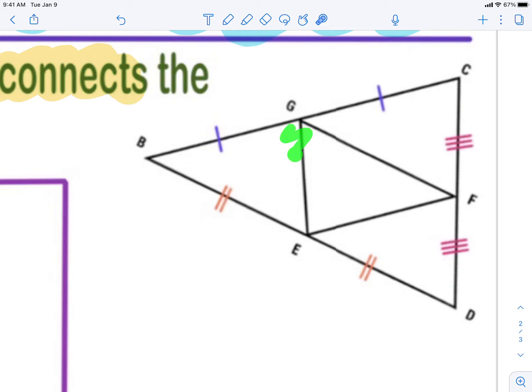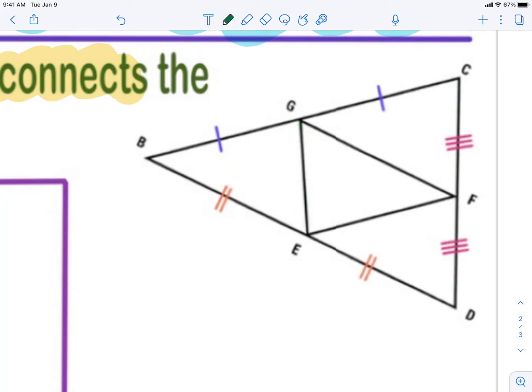See? This short one here connects to that one. They're the same length. But this short one here also connects to there. So, look at that. This long one is made out of two short ones.